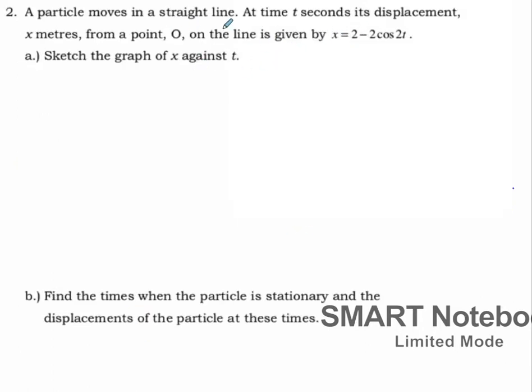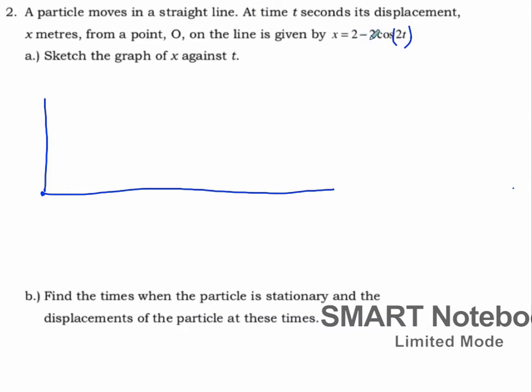Okay, next one we have a particle moves in a straight line by this equation, so it's got cosine in here. So sketch the graph against time. So let's see what that graph looks like. So this is cosine 2t. Now if we plug in t equals 0, we get cosine 0, which equals 1, and we get 2 minus 2 is 0.